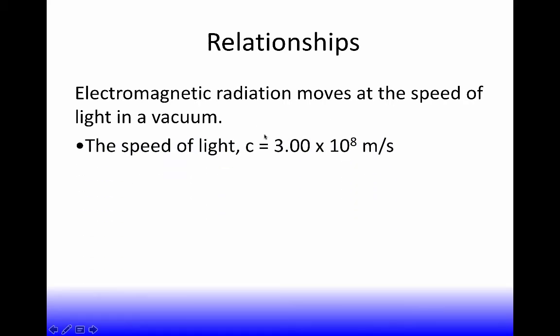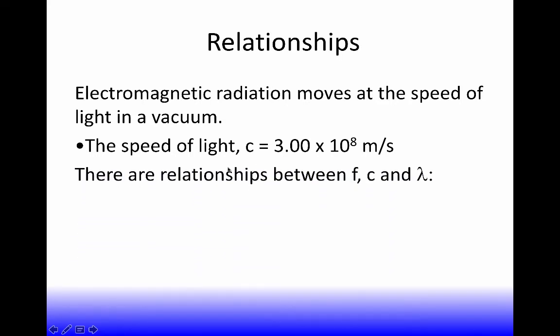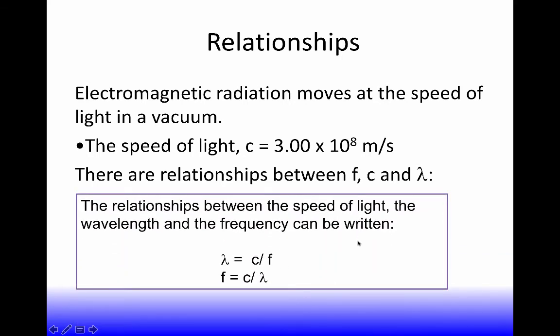We abbreviate that with the letter c. And there's a relationship between frequency, the speed of light, and wavelength. So here are a couple of the little formulas, which you will have if you do any worksheet. Wavelength equals the speed of light divided by frequency, and frequency equals the speed of light divided by the wavelength. Okay.